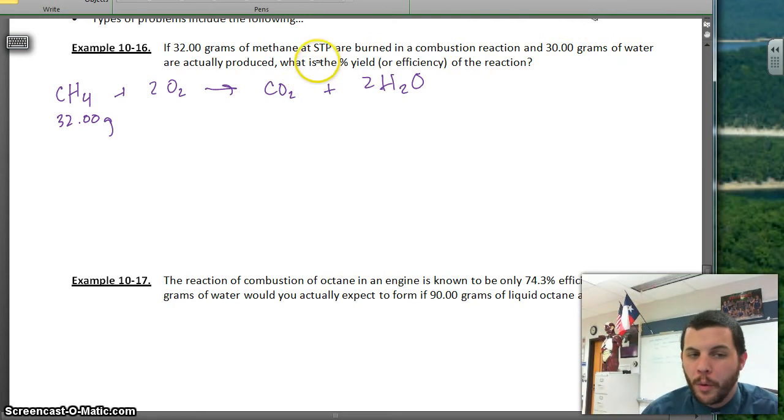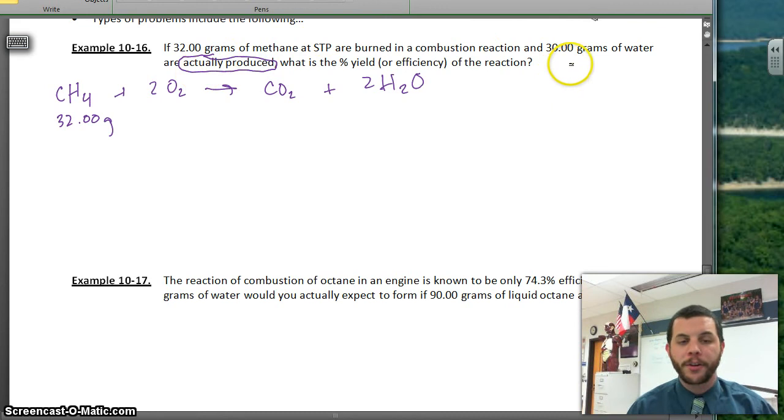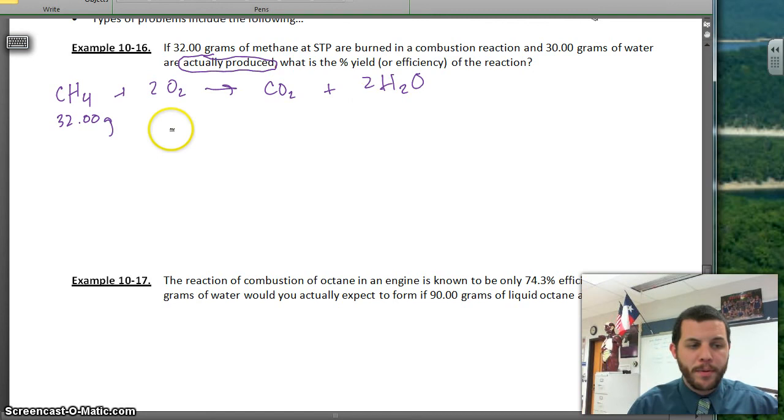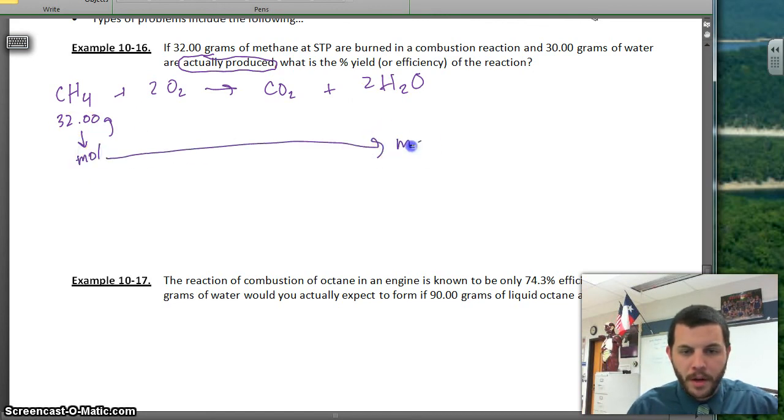What do I do with that number? We're not going to do anything with that number yet. This is the amount that's actually produced in the experiment, so we're going to save that one for later. What we need to calculate is the theoretical yield, which is going to be from our mole road: grams to moles, moles to moles, and moles to grams.